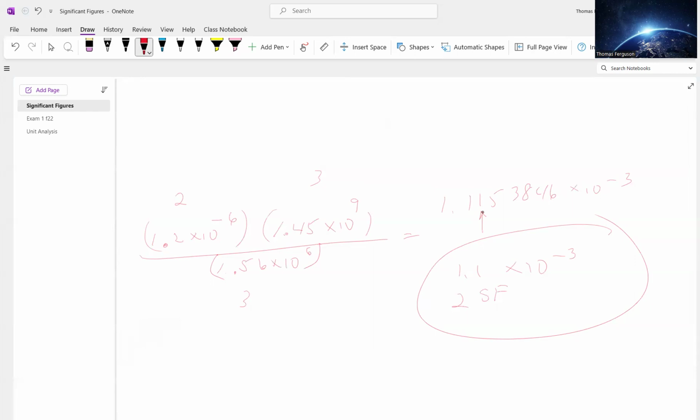So the way I would do it is I would put in 1.2 times 10 caret, and there's no caret on here.